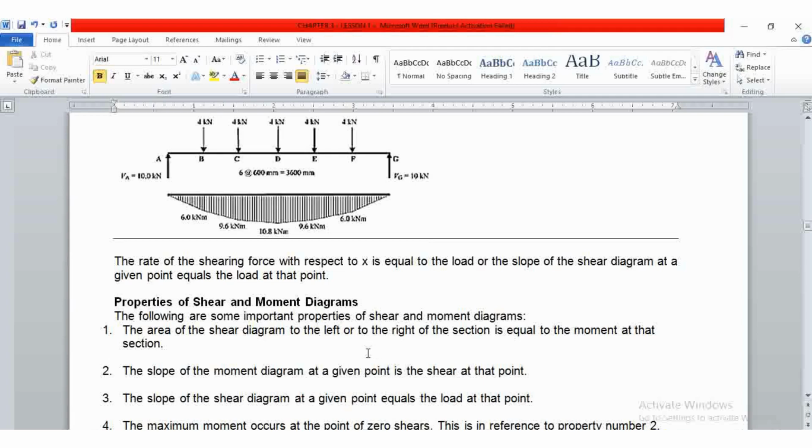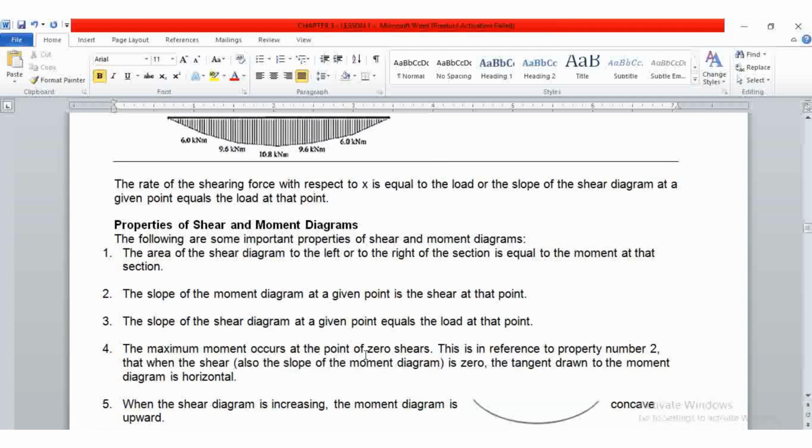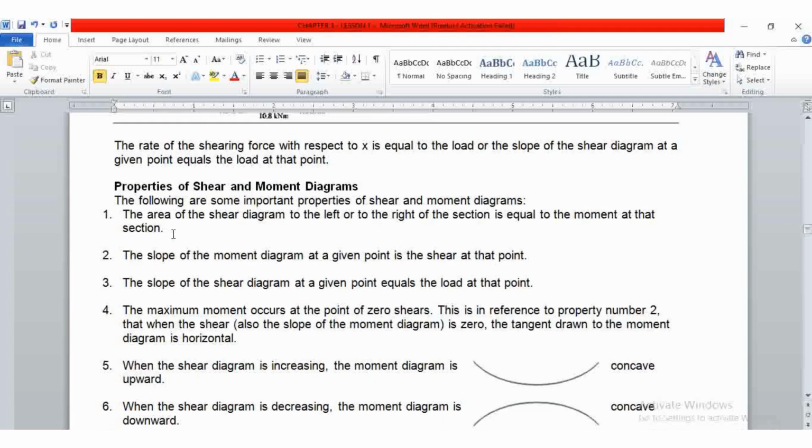Now, for the properties of shear and moment diagrams, you have to take note of this. The area of the shear diagram to the left or to the right of the section is equal to the moment at that section. The slope of the moment diagram at a given point is the shear at that point. The slope of the shear diagram at a given point equals the load at that point. The maximum moment occurs at the point of zero shear.